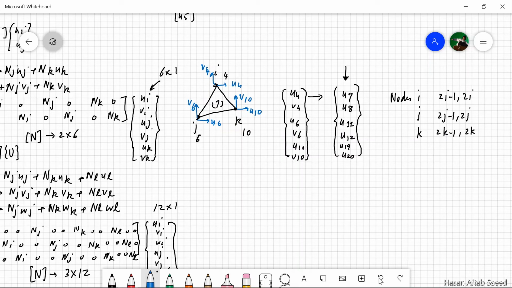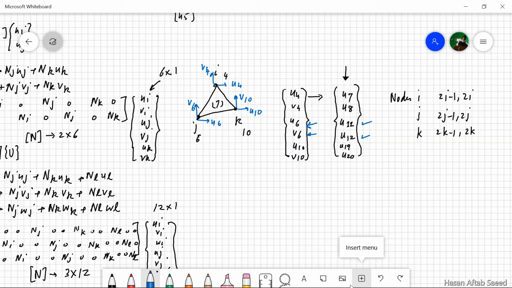For example, let's check this U6 and V6. Now this is node j for this element. So 2j minus 1 and 2j. 2j minus 1 gives you 2 multiplied by 6 minus 1, 11, which is the case here. And 2j will give us 12. So this is the shorthand formula for finding out what places a certain node occupies in the global displacement vector. Because recall that all these individual elements will combine at the stage of assembly in one global matrix, and no two nodes can occupy the same space there. We have to have distinct places for every node.